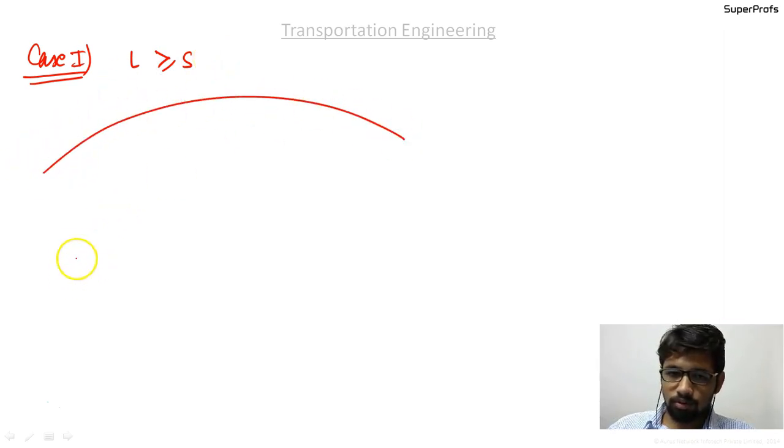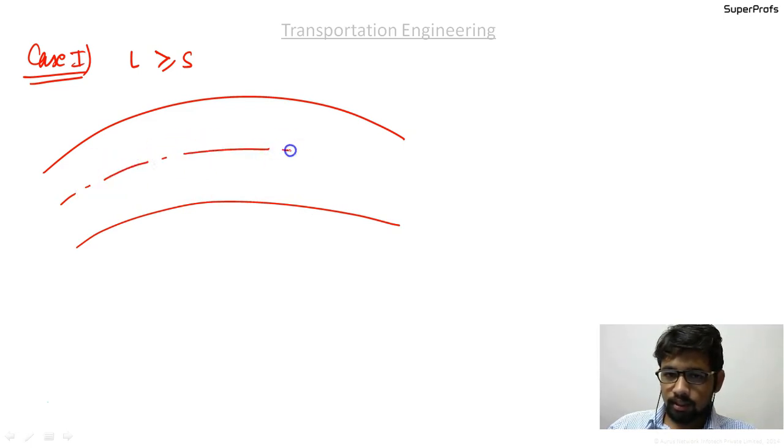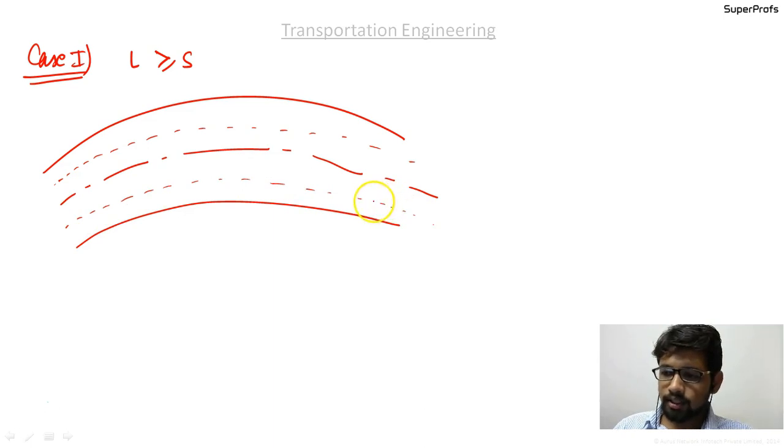Suppose this is the road, and this is the center line of the road. Please draw it properly, guys. And there are two lanes on this side and two lanes on this side.